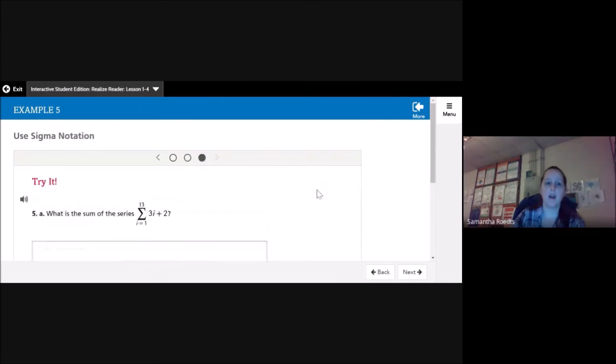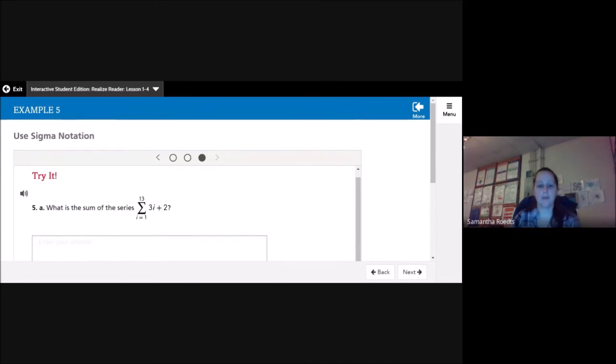All right, what is the sum of the series i equals 1 to 13, 3i plus 2? So there's 13 numbers in the series. So I have 13 times the first number. I need to figure out when i is 1.